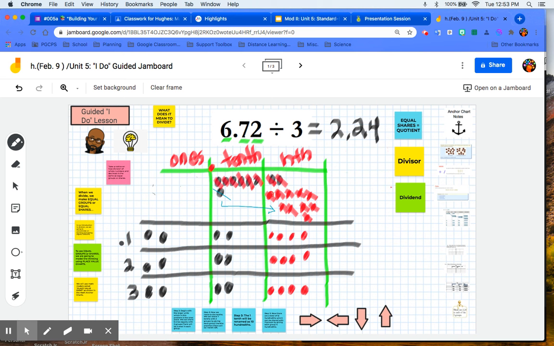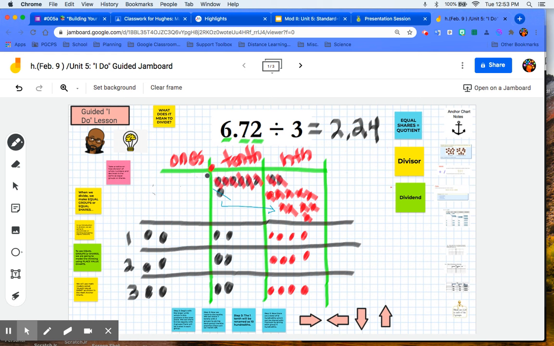Equal shares are my quotient. There are 2 and 24 hundredths in 3 groups in 6 and 72 hundredths.